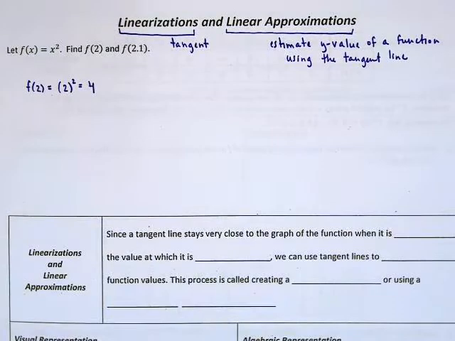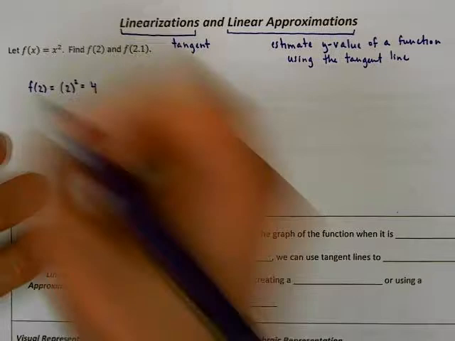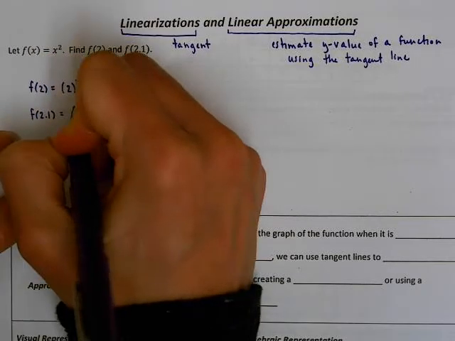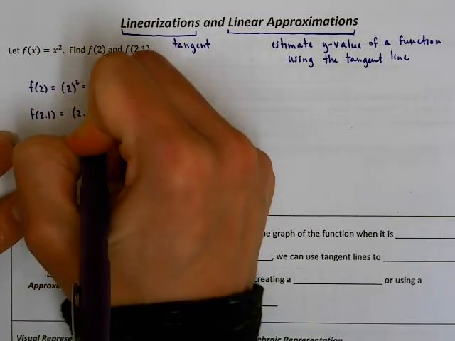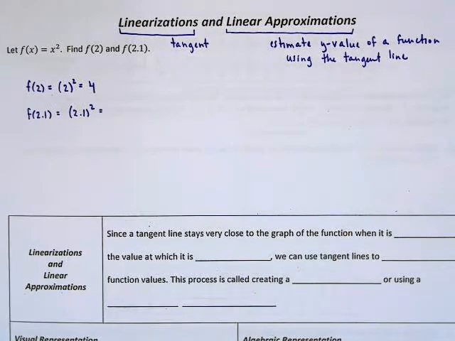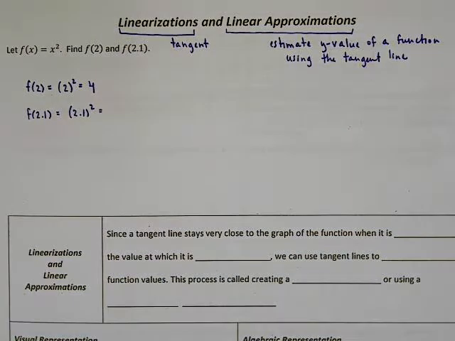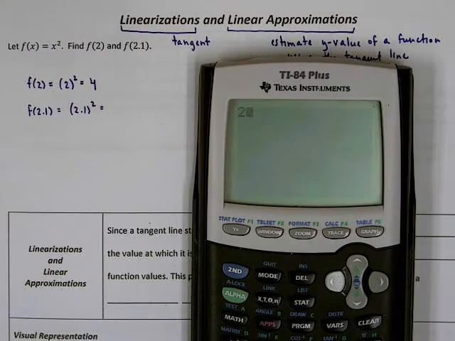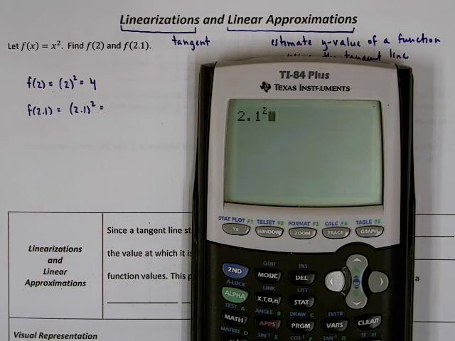That's just 4. Now if I want to do f of 2.1, 2.1 squared is actually not a value that I have memorized. So I would need to go to my calculator for that. So in my calculator I would do 2.1 squared and I get 4.41.